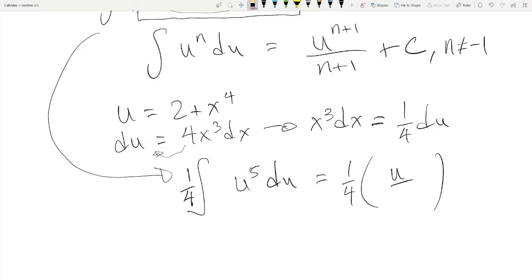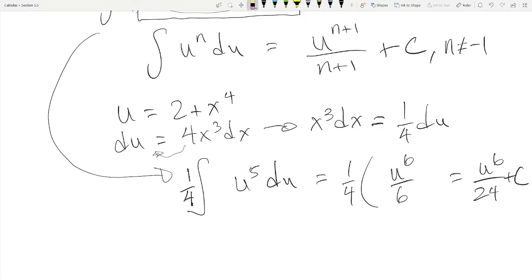You're going to add 1, u to the sixth, and then you're going to divide by that very number. Okay, so the final answer here for the u integral is u to the sixth over 24. I didn't put the plus c in, but I'll put it in now.